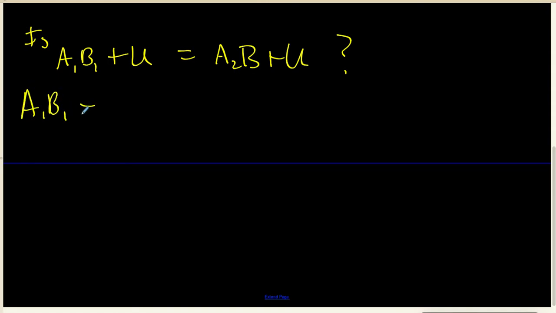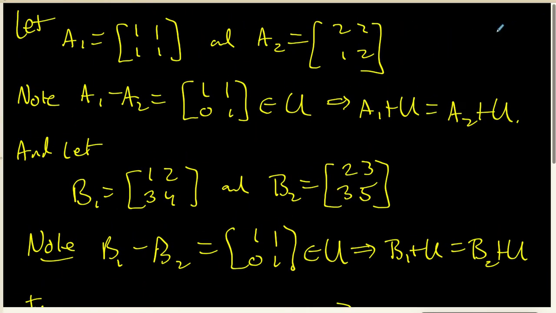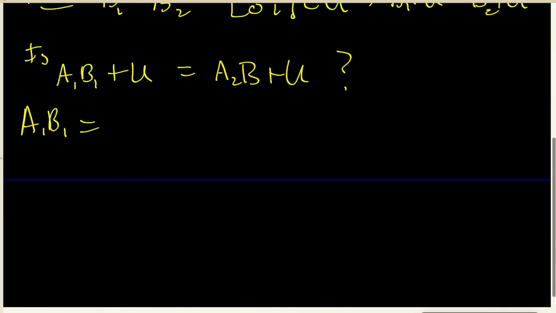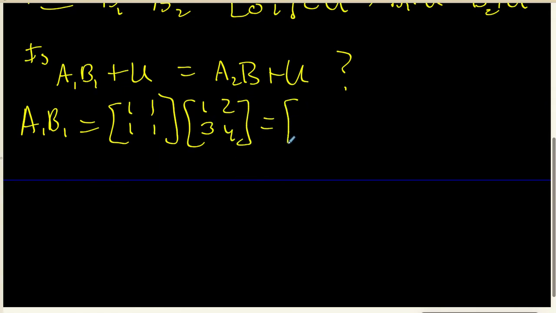A1 B1 is, let's go back up and just see what they are. We want to look at this matrix times that matrix. So A1 times B1 is going to be 1, 1, 1, 1 times 1, 2, 3, 4. And when you compute that, you're going to wind up getting 4, 6, 4, 6.